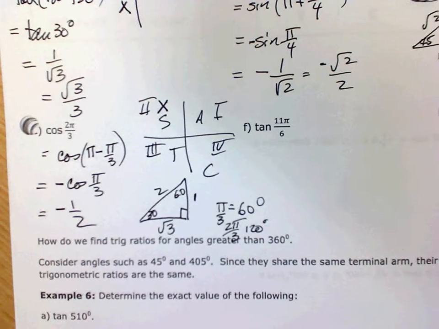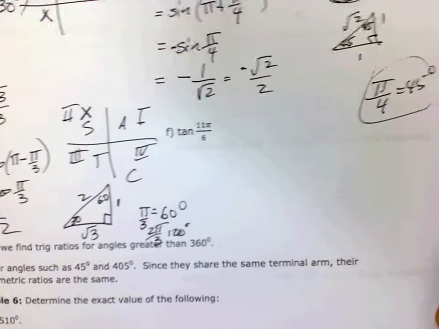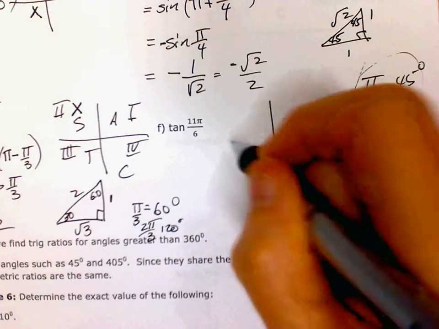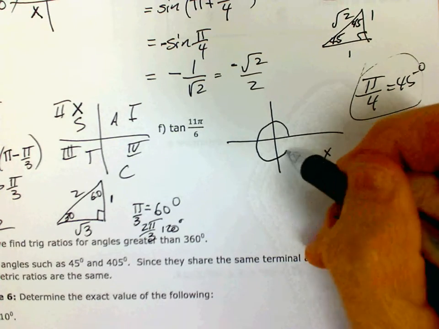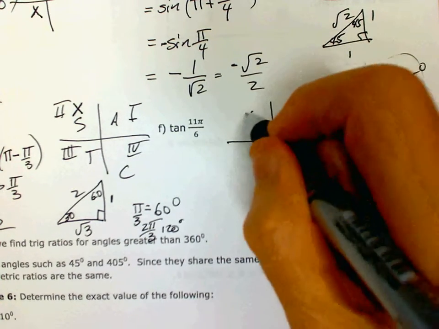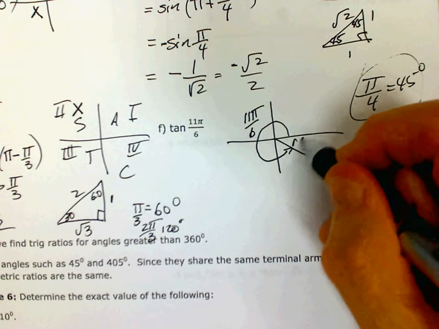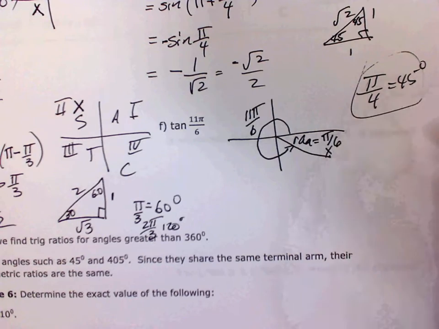Okay, 11 pi by 6, where will that end up? The 4th quadrant. It will end up here. This is 11 pi by 6. What is my related acute angle? So this equals tan of 2 pi minus pi over 6.